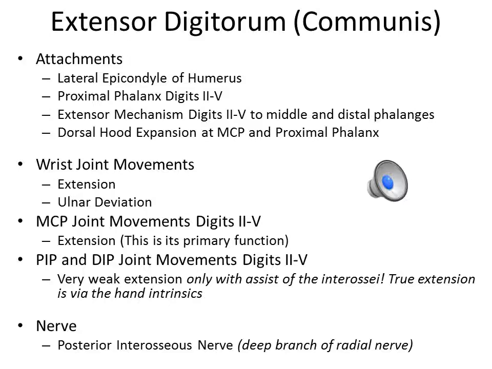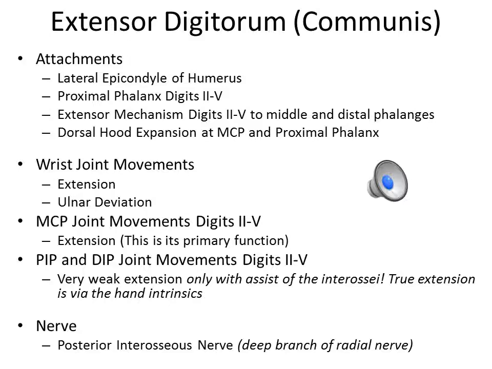The extensor mechanism is located on the dorsal aspect of the hand, and it is a combination of the tendon of the extensor digitorum as well as the tendons of the interosseous and lumbrical muscles, which we will cover when we talk about the intrinsic muscles of the hand.